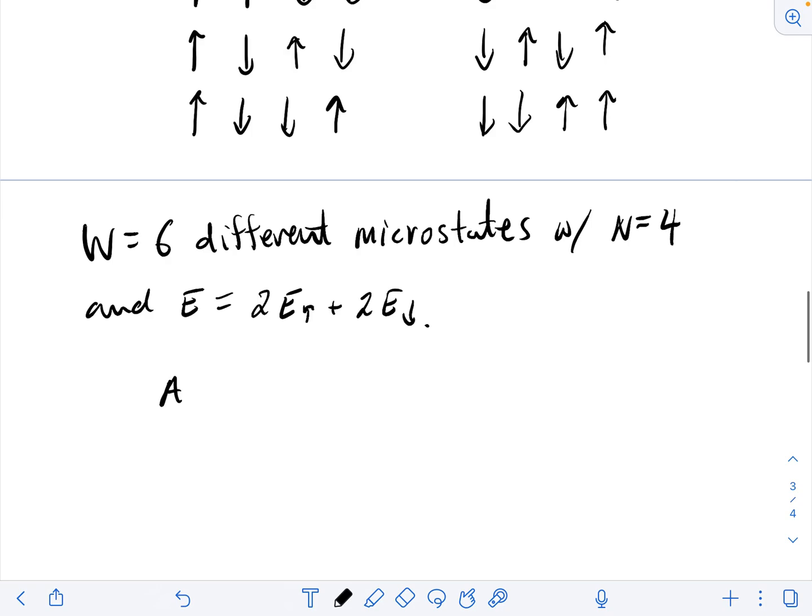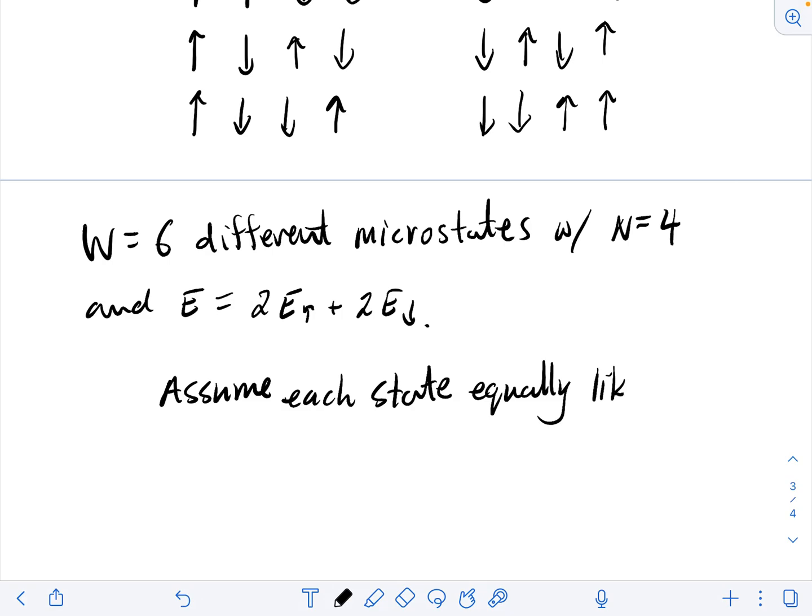And we assume each state is equally likely, so that the probability of being in any one of these states is 1 over W, which is 1 over 6.